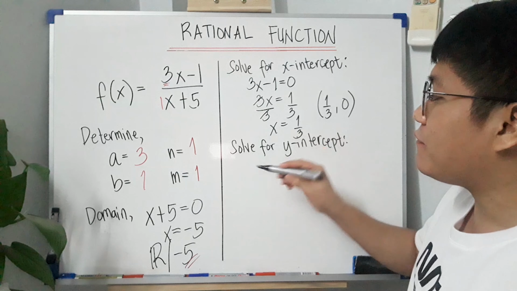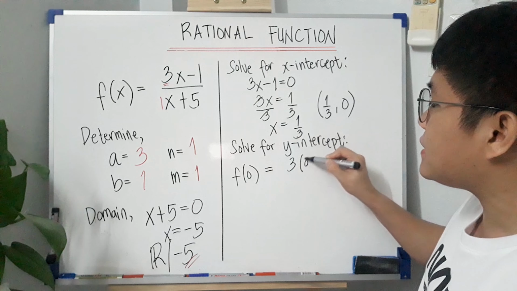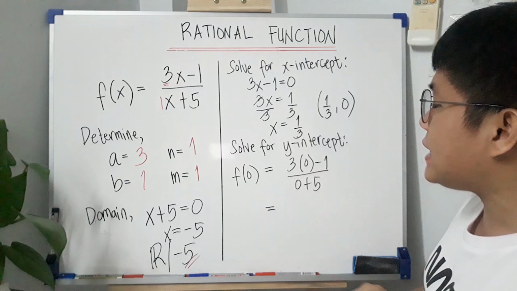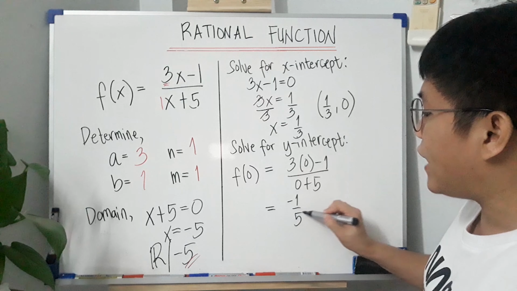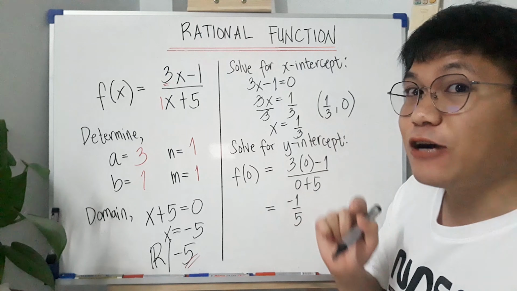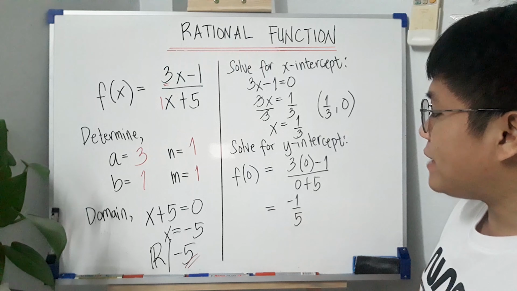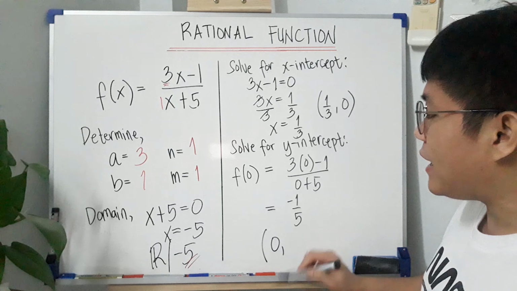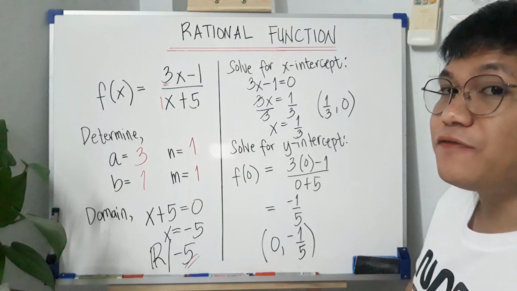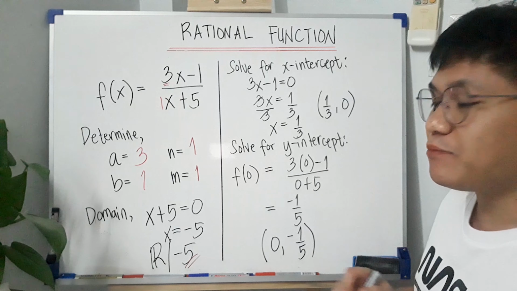That means f of 0 is equal to 3 times 0 minus 1 over 0 plus 5, which is equal to negative 1 over 5. Which means our f of 0 is negative 1/5. Since our y-intercept is given by the ordered pair 0 and f of 0, our x is 0 and our f of 0 is negative 1/5. Therefore, the ordered pair 0, negative 1/5 is our y-intercept.